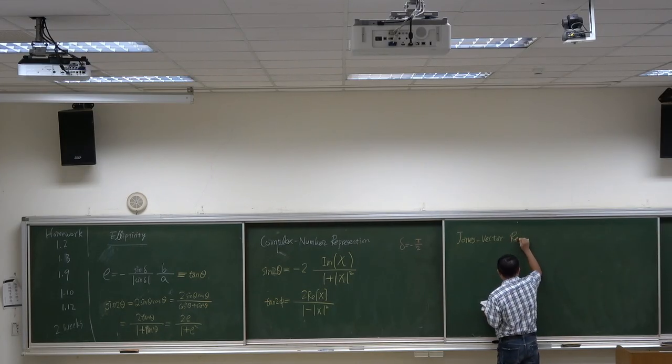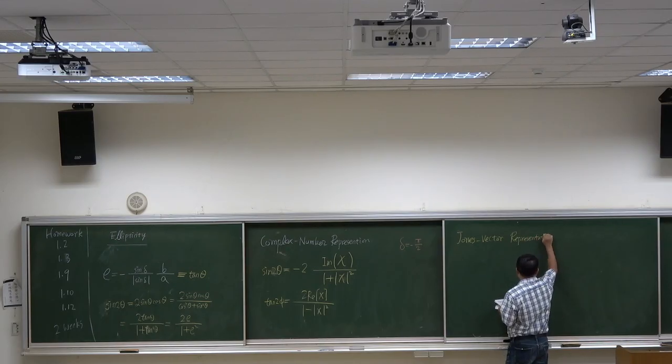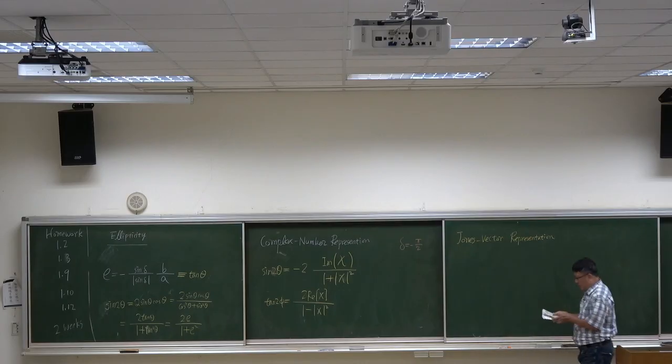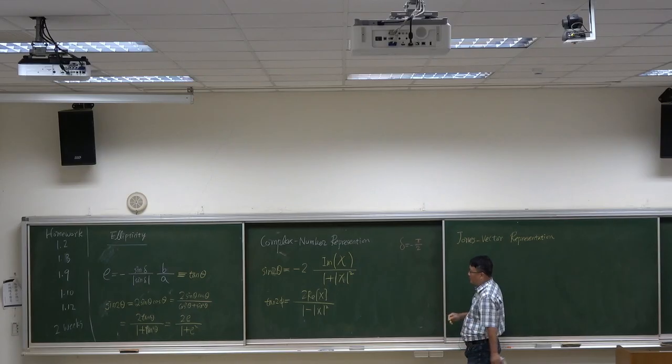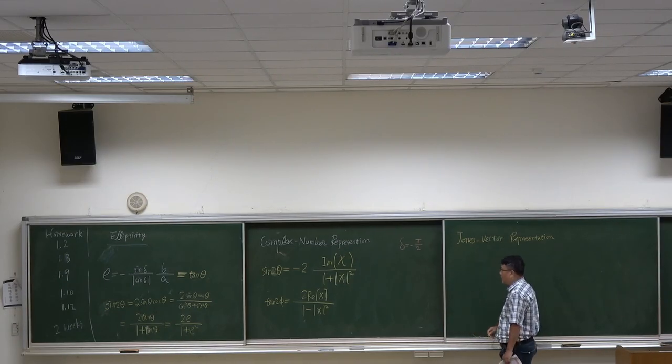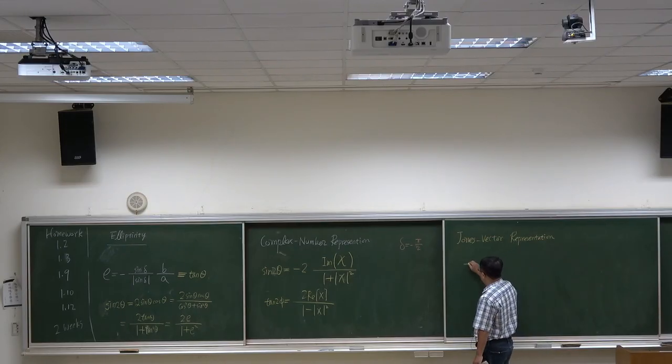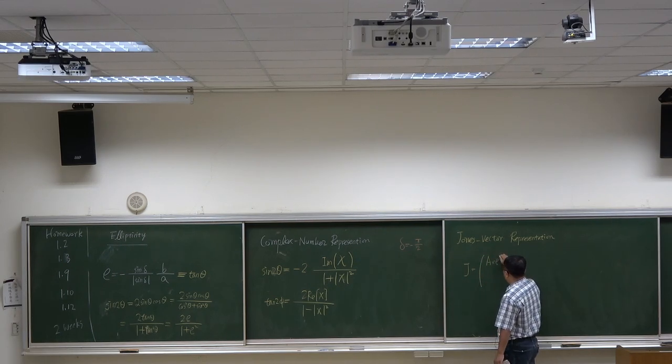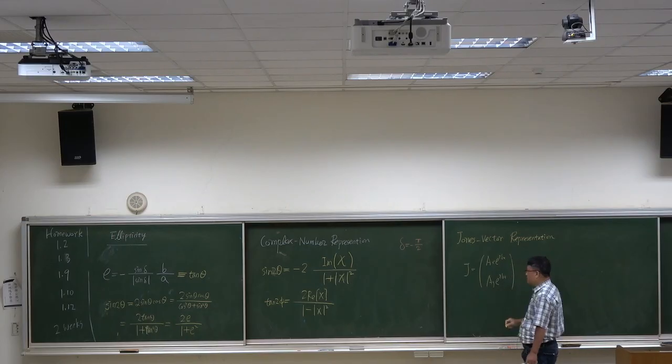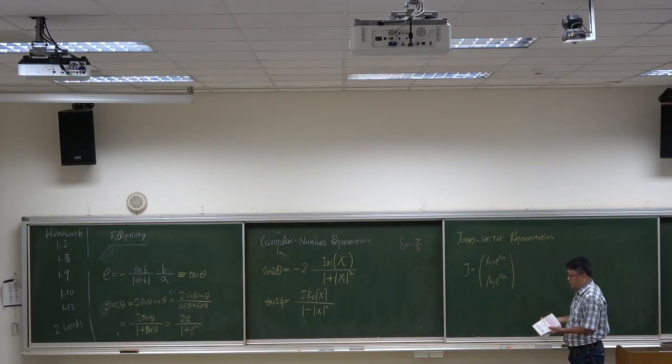Now we discuss the so-called Jones vector representation. The so-called Jones vector representation is in fact even simpler than the complex number representation. We just write the two components, ax exponential i delta x, including their phase, separately. Then this is the so-called Jones vector representation.